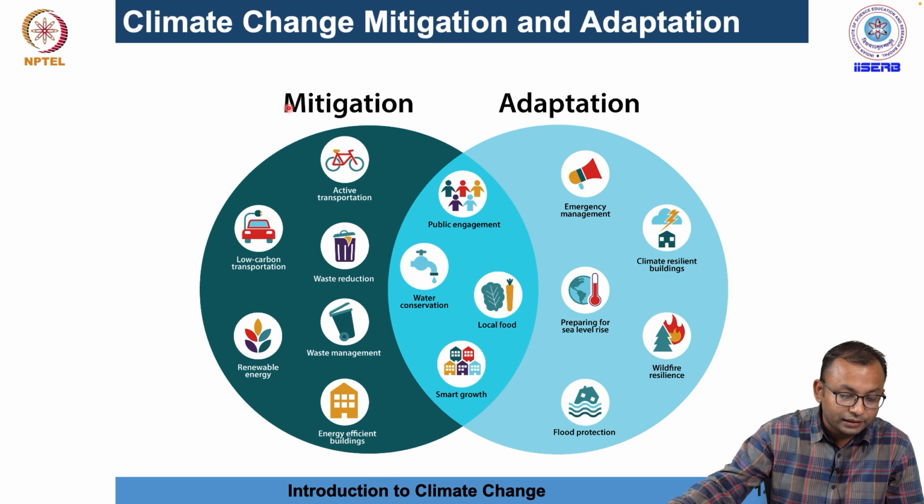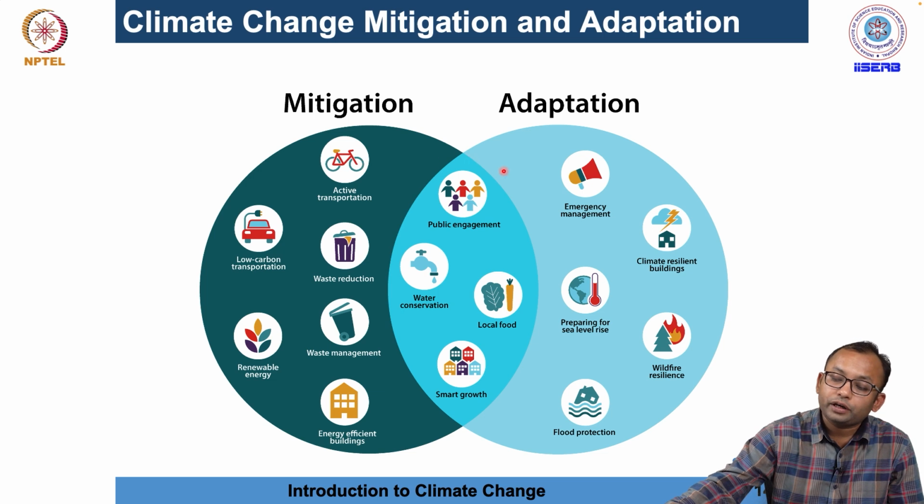Let us say active transportation using bicycles, low carbon transportation, waste reduction or waste management, renewable energy, or energy efficient buildings. These are the mitigation steps used to reduce greenhouse gas emissions in the atmosphere. These are always the longer term global solutions to address the root cause of climate change and can help us in the longer term.